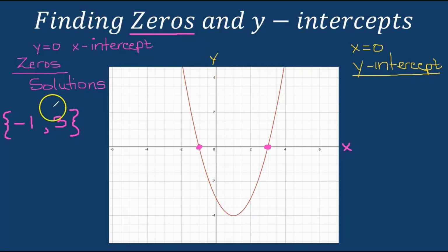Graphically, it's quite easy. We can simply look to see where it crosses the y-axis, which is right here, at -3. So our solution set is a single y-intercept. In this case, 2 zeros and 1 y-intercept.